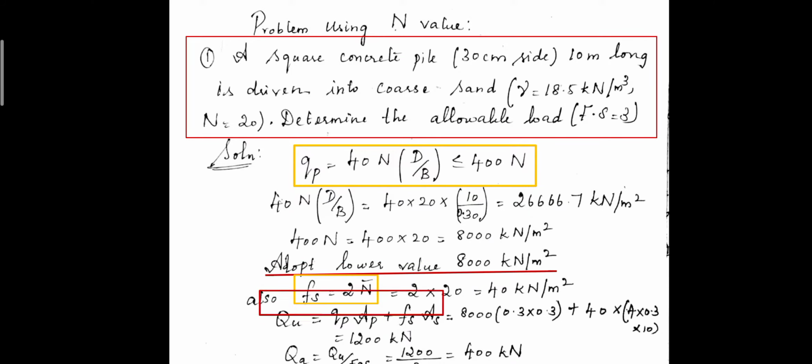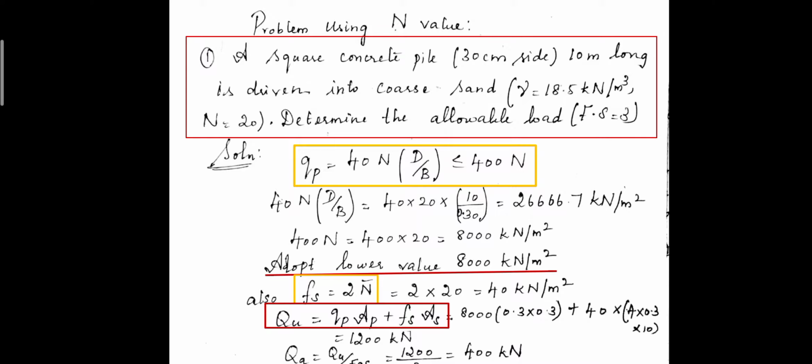So Qu is equal to, we know the static formula. Now substitute everything in the static formula. What is the static formula? Qu is equal to QpAp plus FsAs. This is the general static formula. So substitute in the static formula.